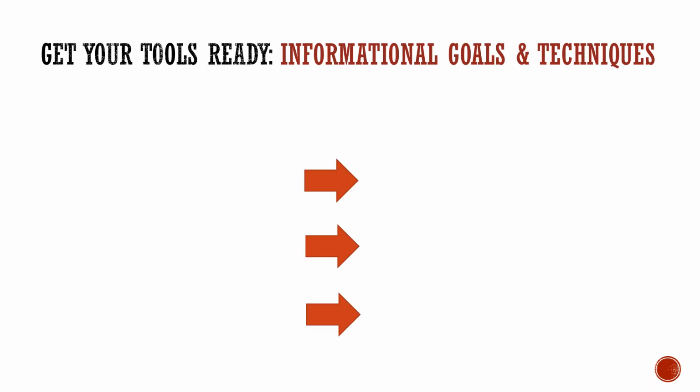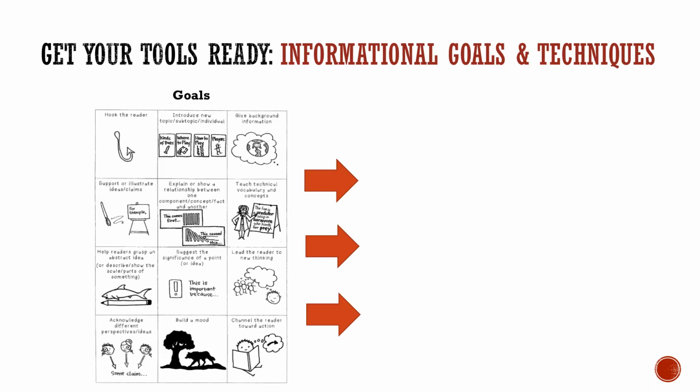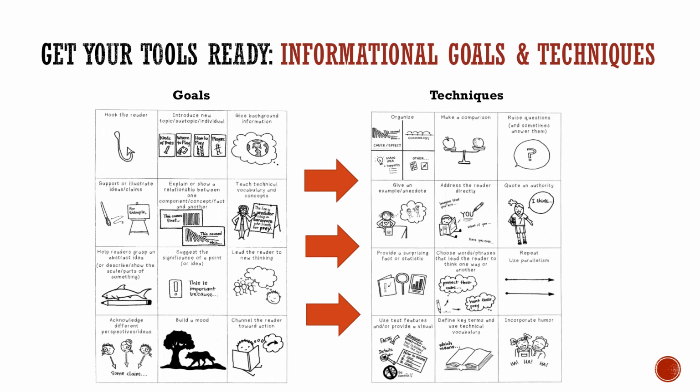The next thing is you're going to need some tools here. You've got to have your goal cards, right? Some things you know are part of goals, right? Hooking the reader, giving background information, teaching technical vocabulary and concepts. Those are very, very important things that you do when you go to write nonfiction informational pieces. How do you do that? You use techniques. So you could make a comparison.